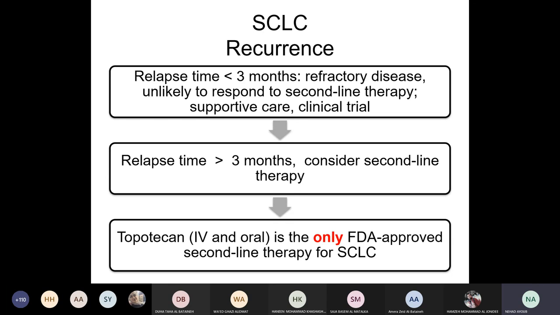But in your book you just need to know that topotecan is the FDA approved drug for prolonged relapses. What does that mean? If the patient relapses within 30 days or 2 months, we do not try topotecan. At that time interval, second line chemotherapy is not recommended.